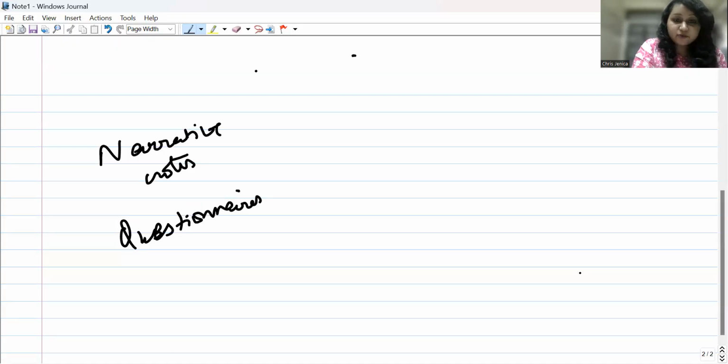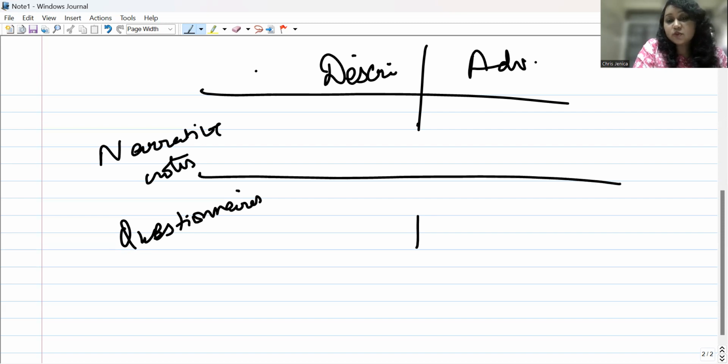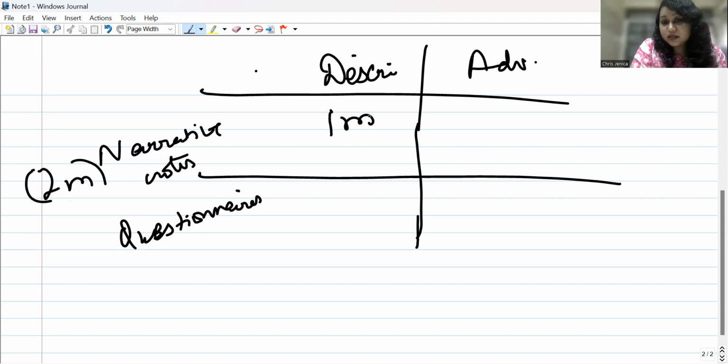So basically you have to give them the description and then the advantage. So as I told, for narrative notes, it's going to be 2 marks, which means it can be split as 1 mark you have to describe and 1 mark for the advantage. Same way, questionnaire is going to be 1 mark and 1 mark advantage.